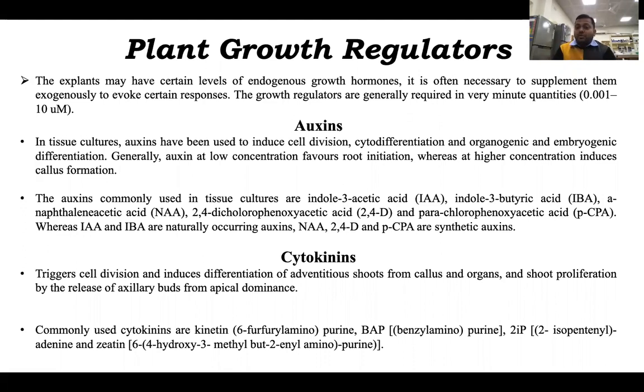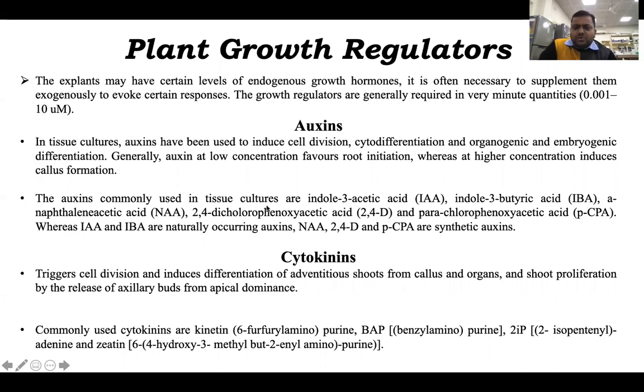We initially put the explants at higher concentrations and a specified ratio of auxin and cytokinin so that callus formation takes place. Then once the purpose is sorted, we bring it back to lower concentrations of auxin so that root initiation takes place. Now, the most commonly used auxins in tissue culture are IAA, which is indole acetic acid, IBA, indole butyric acid, and NAA, naphthalene acetic acid.